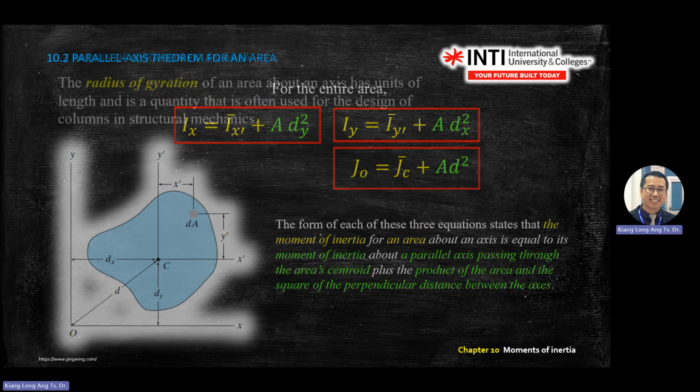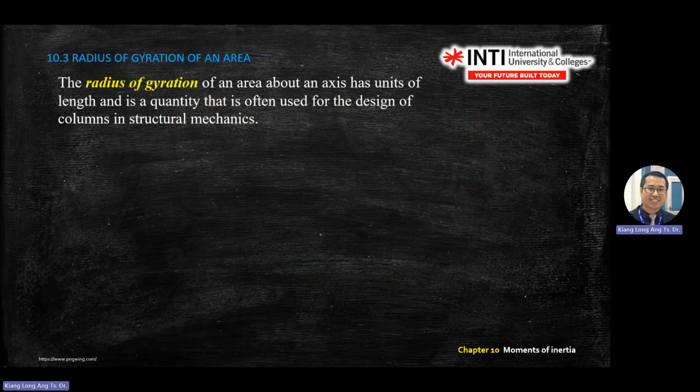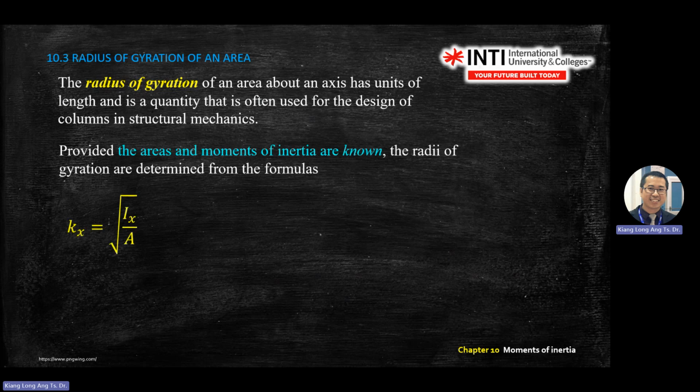The next one is radius of gyration. You use this one when you have an unknown shape or non-uniform shape. For example, if you have a sphere, you know this is a round shape.